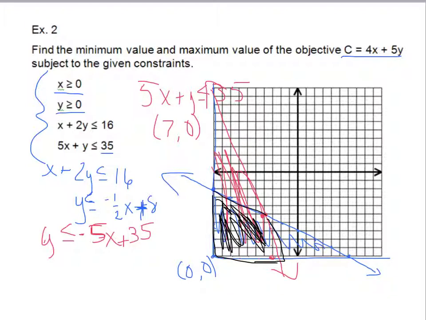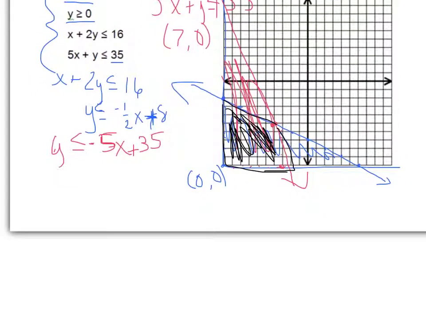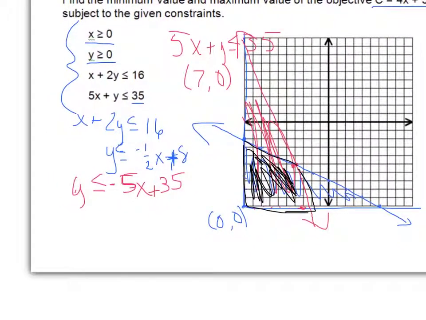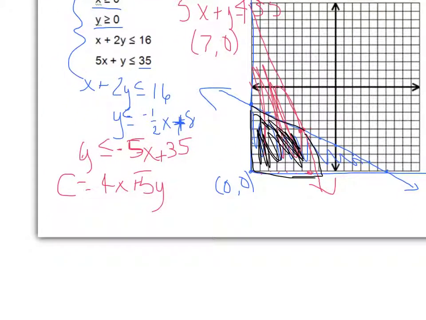Okay, so I'm going to have to scoot this up so I can write some. My cost function, objective function, is C equals 4x plus 5y. Let me double check that. Yep. And then I need to write down my vertices. My vertices are (0, 0), (8, 0). This point is 1, 2, 3, 4, 5, 6.